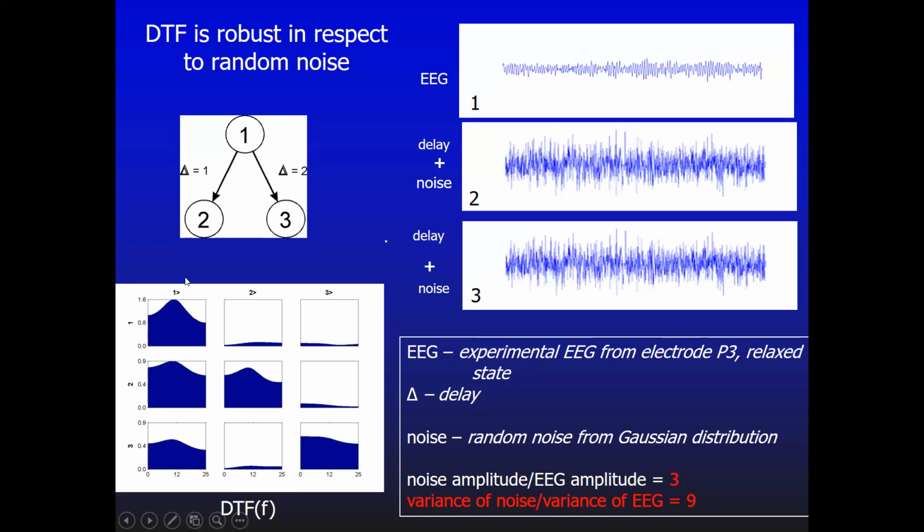And the propagation is from the channel which is marked above to the channel marked at the left. So here we have propagation from channel 1 to 2 and from channel 1 to 3. And let's say from channel 2 to 1 or 2 to 3, we have only some residual values not connected with the noise.